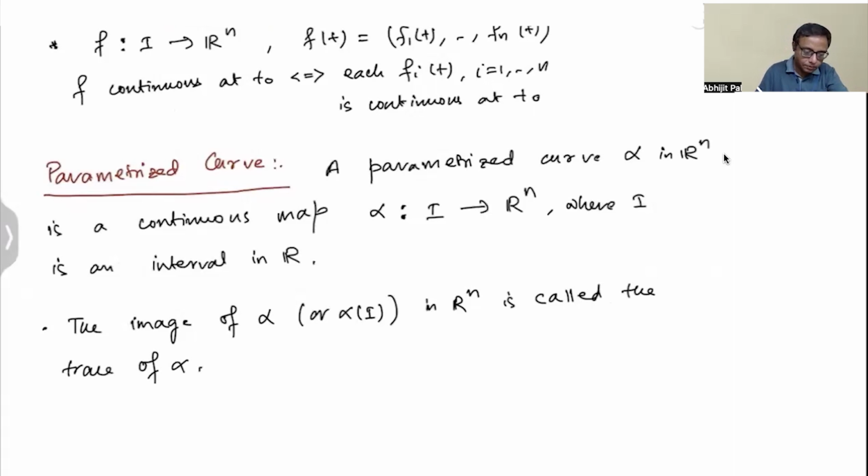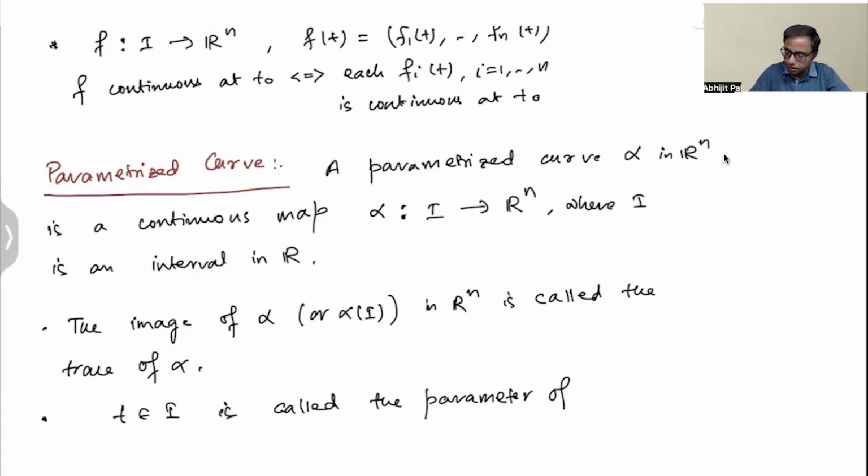And if I take any t belonging to I, t is called the parameter of the curve alpha.